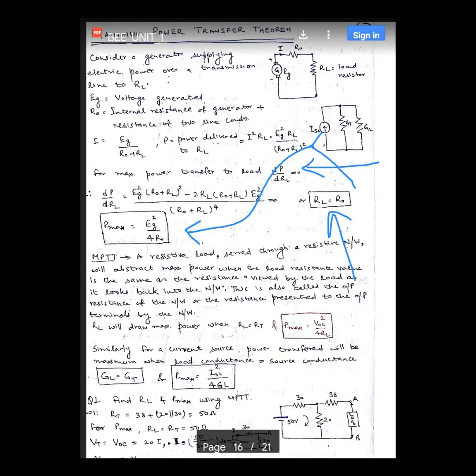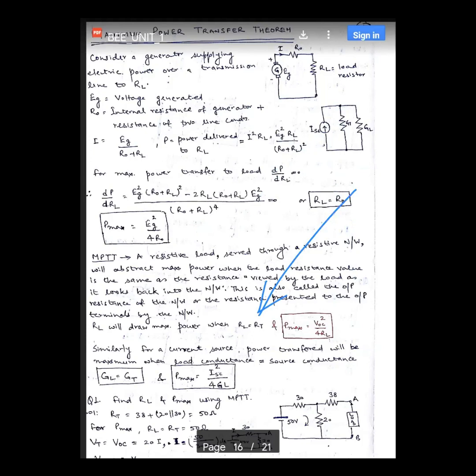But if this circuit is complicated, and there are more resistances, a few in series and a few in parallel, then the effective resistance will be the Thevenin resistance.